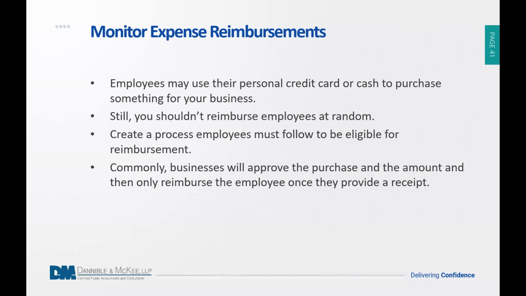Monitor expense reimbursements. Like I just mentioned, employees may be using their personal credit cards or cash to purchase something and they're going to get reimbursed for it. It's pretty normal in the course of business, but employees shouldn't be reimbursed at random. There should be a process generally for them to follow to make sure that all reimbursed expenses are approved ahead of time, that someone is aware that they're going to purchase it, and then they just need the amount and the receipt to give the reimbursement.